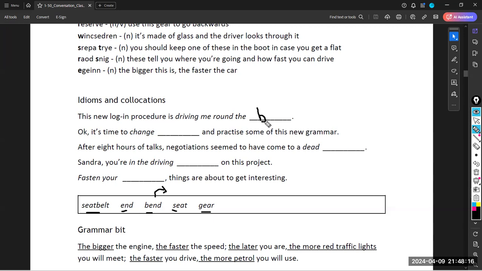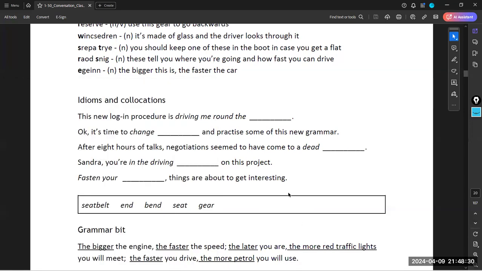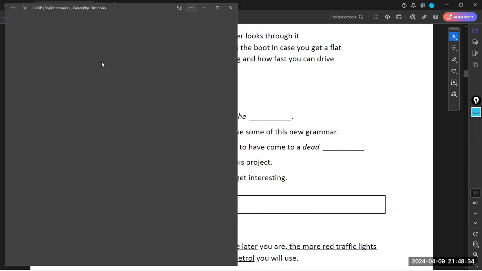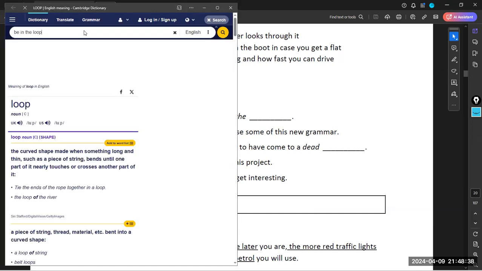Yes, it drives someone round the bend. Absolutely, we have to know its meaning. It drives me crazy. Let me open this dictionary and write, we drive someone around or round the bend.